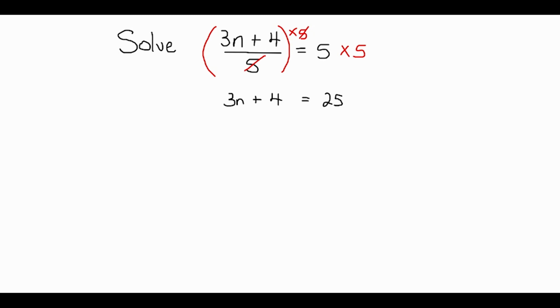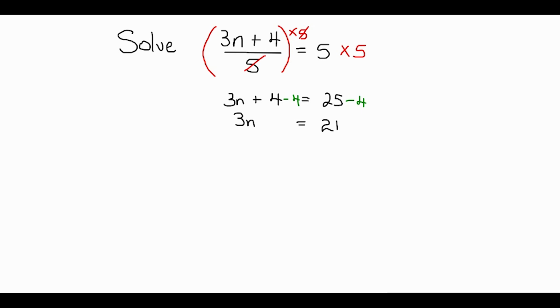Now from here we have a linear equation, and to solve for n, we simply transpose from here. And this will involve subtracting 4 from both sides of the equation. This will leave me with 3n on the left and 21 on the right.